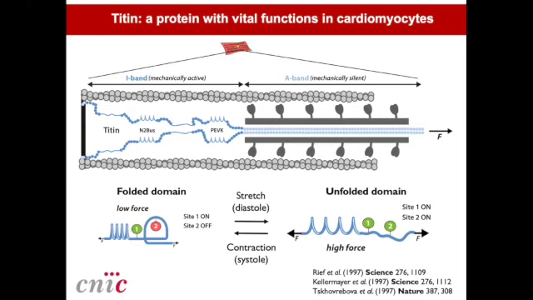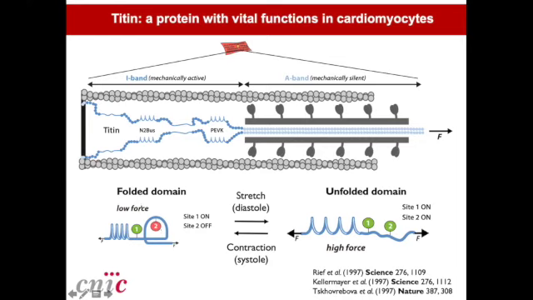Essentially, these conformational changes can alter the binding affinity for interactors. So in general, in force-bearing proteins, we have active sites, and also cryptic sites, which respond to changes in forces.